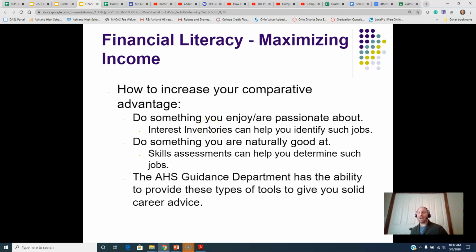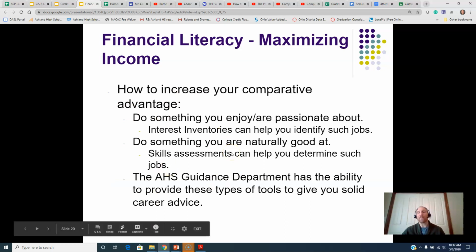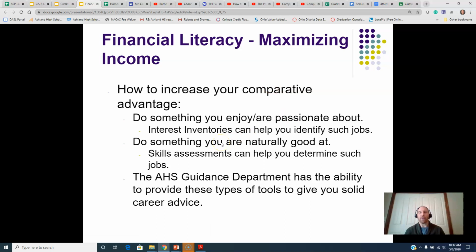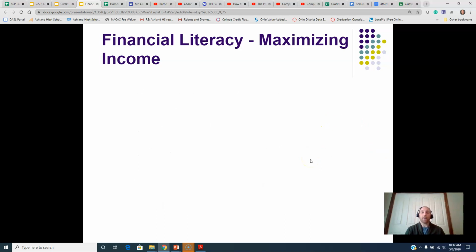And luckily, our high school guidance department has the ability to provide these types of tools to help you, to give you that solid career advice. So this is step one. Try to come up with a couple different things, a couple different occupations or careers that you feel that you could enjoy and that you would be good at, because then you can specialize in those careers.